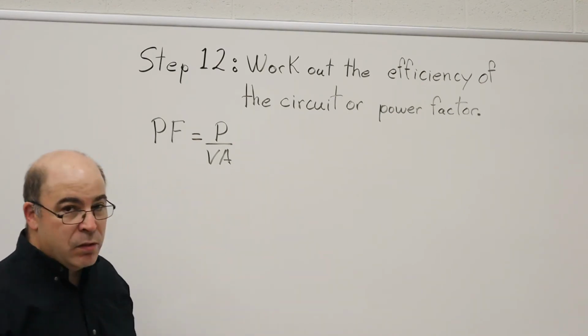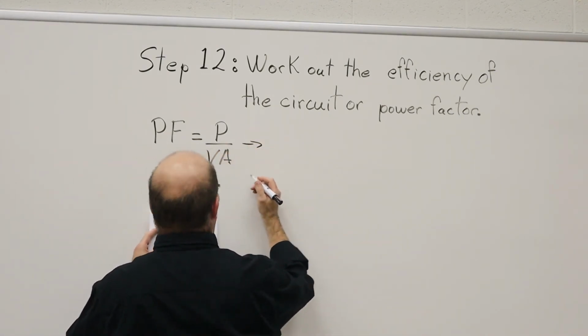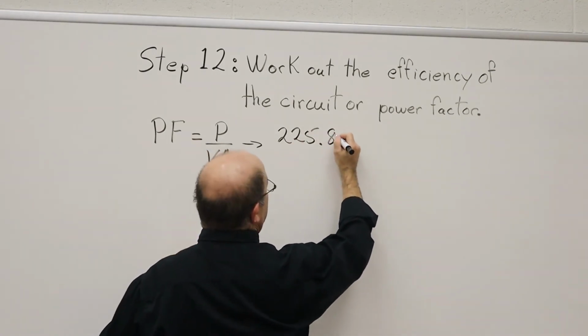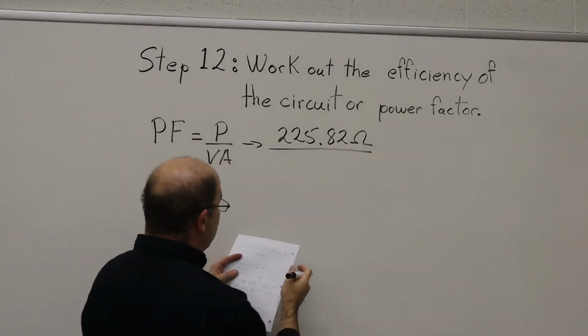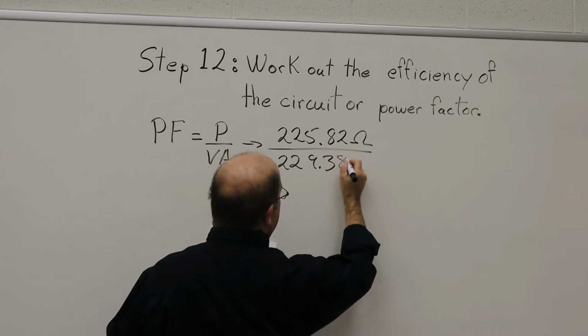So let's just proceed. So the power that we calculated was 225.82, and our VA that we just finished calculating was 229.38.